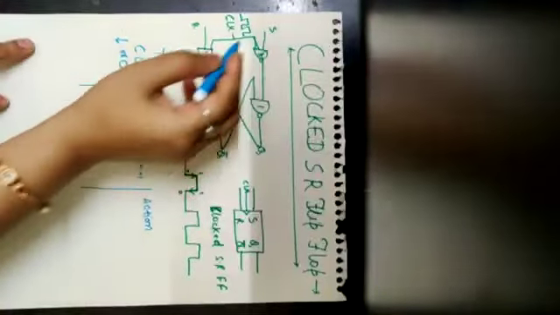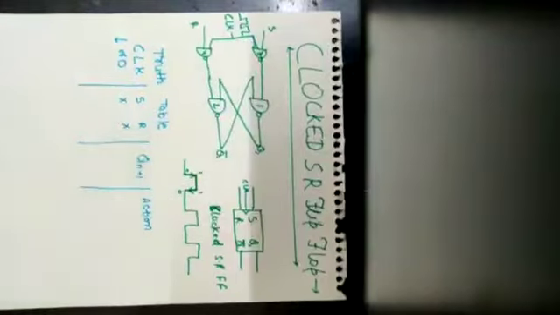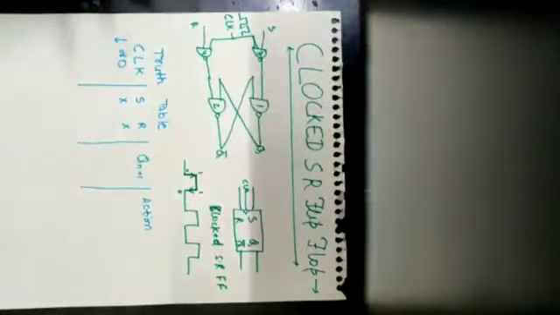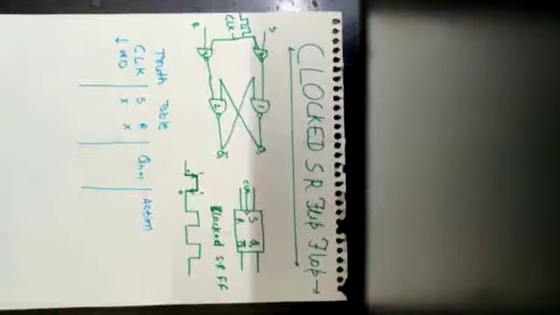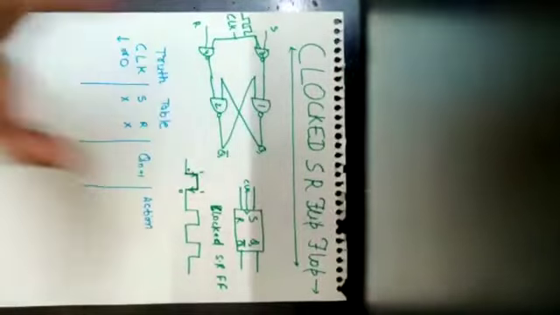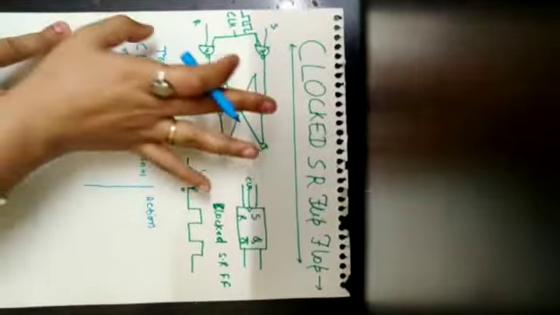So whatever value you are giving to S and R, it doesn't have any impact if the circuit is off. The cross sign means that whatever value you give to S and R, the circuit remains off. So when the clock is low, the circuit does not depend upon the value of S and R.